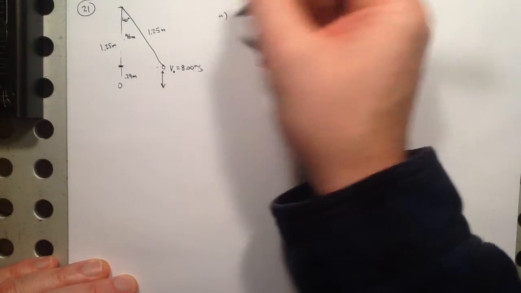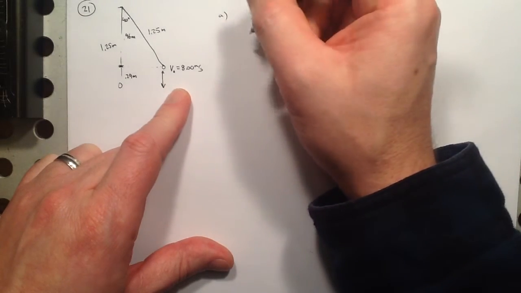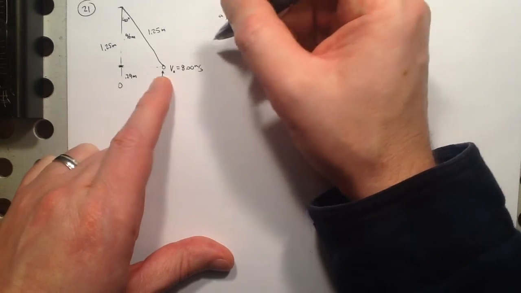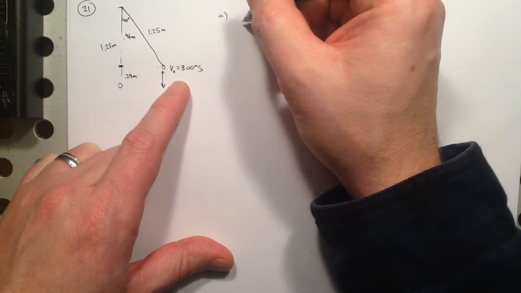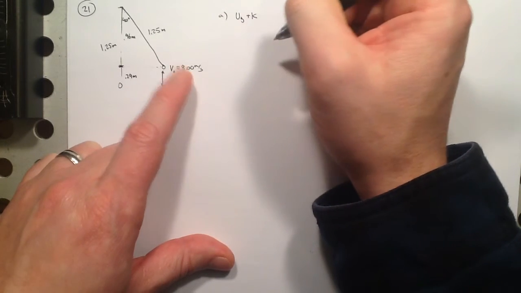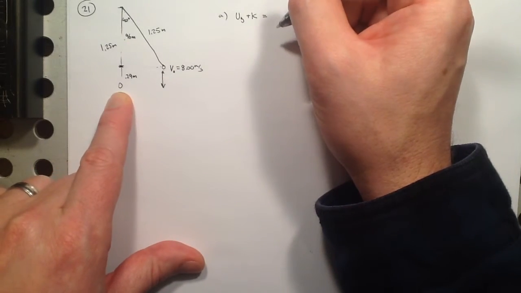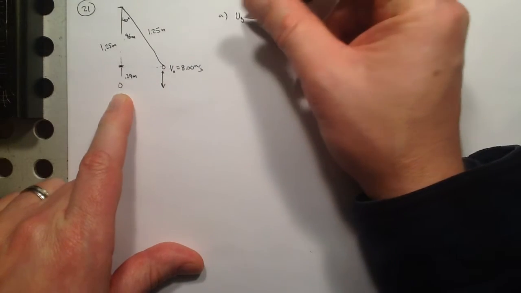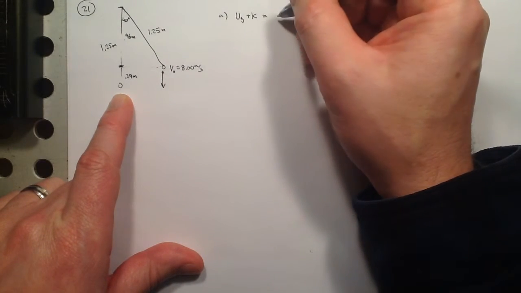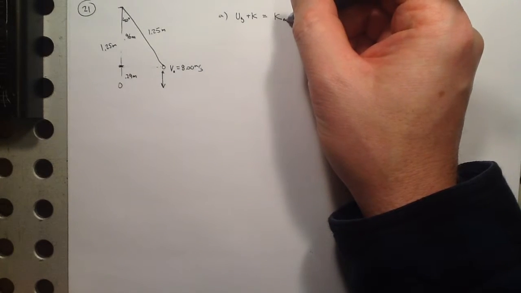Right, so part A, my energy conservation equation, at the top here we have gravitational potential energy and kinetic energy. It's moving. The bottom, that's our 0 point for gravitational potential, so it's gone as low as it's going to go, and there it's all just kinetic at the bottom.